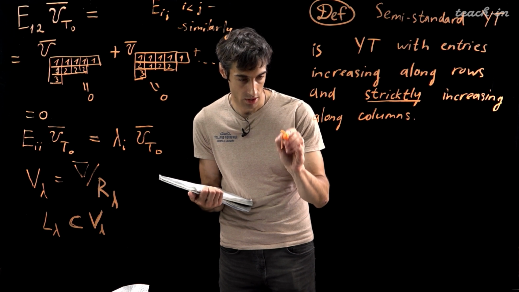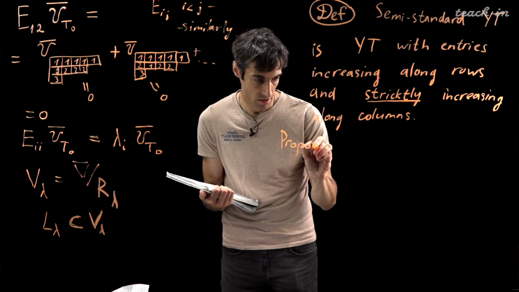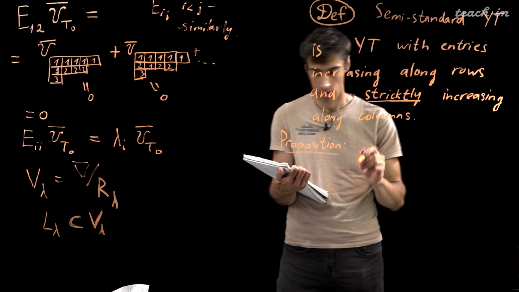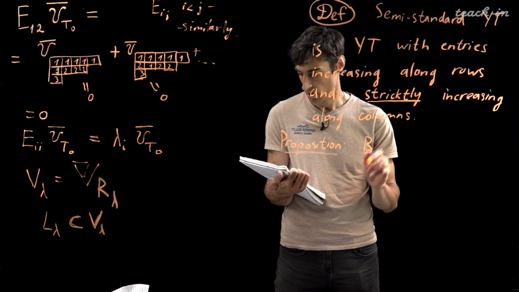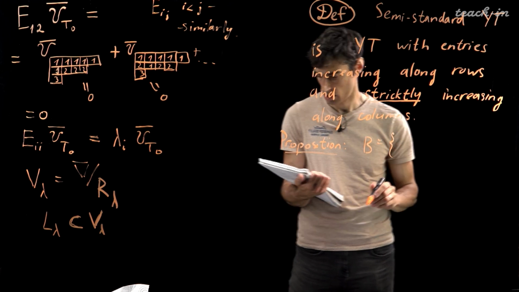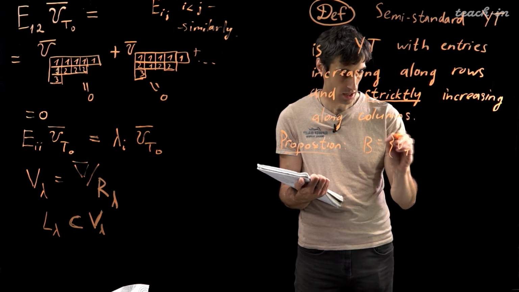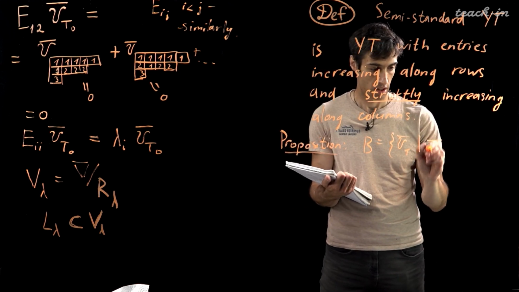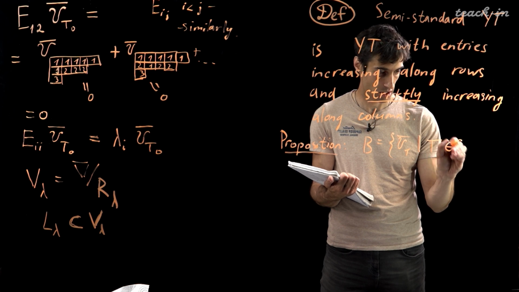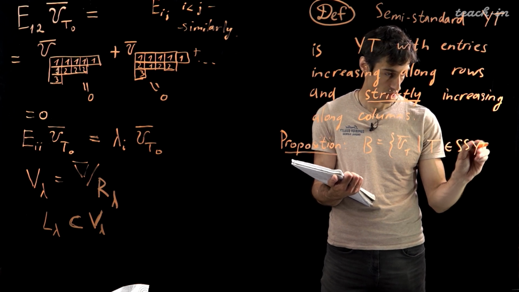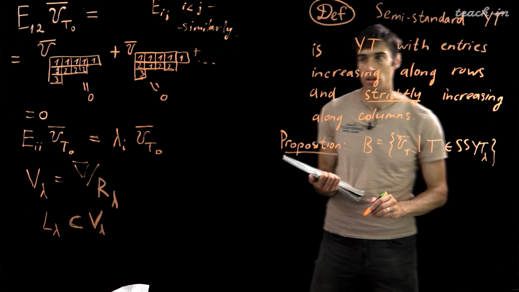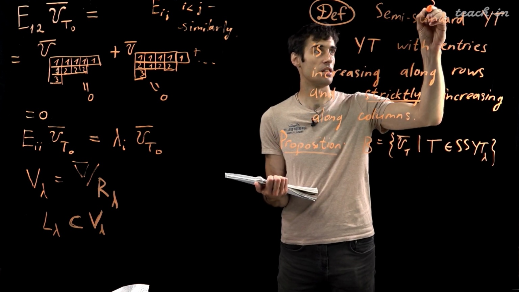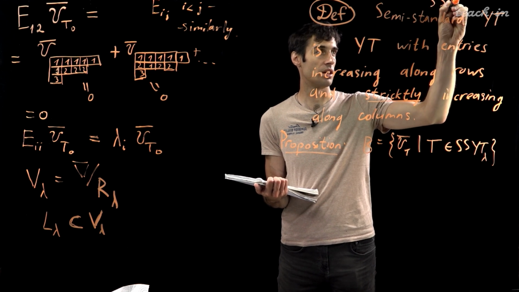Okay, proposition. The following set, let's call it B, v_T bar as T is a semi-standard Young tableau of shape lambda. Semi-standard Young tableau I abbreviate as SYT.